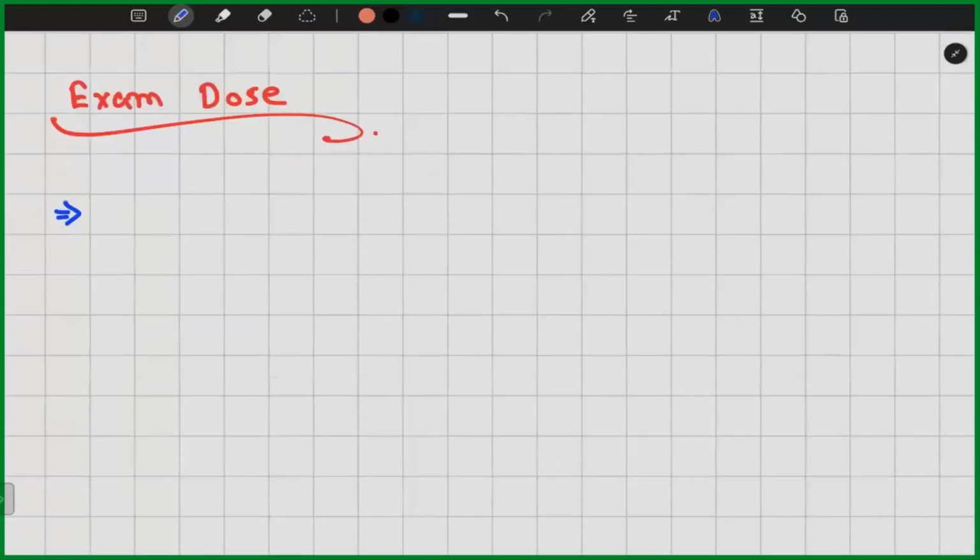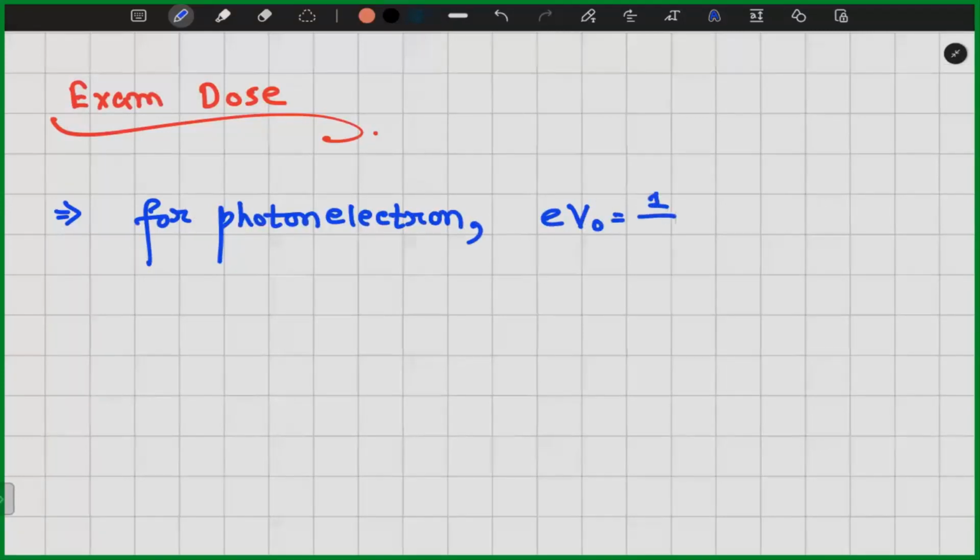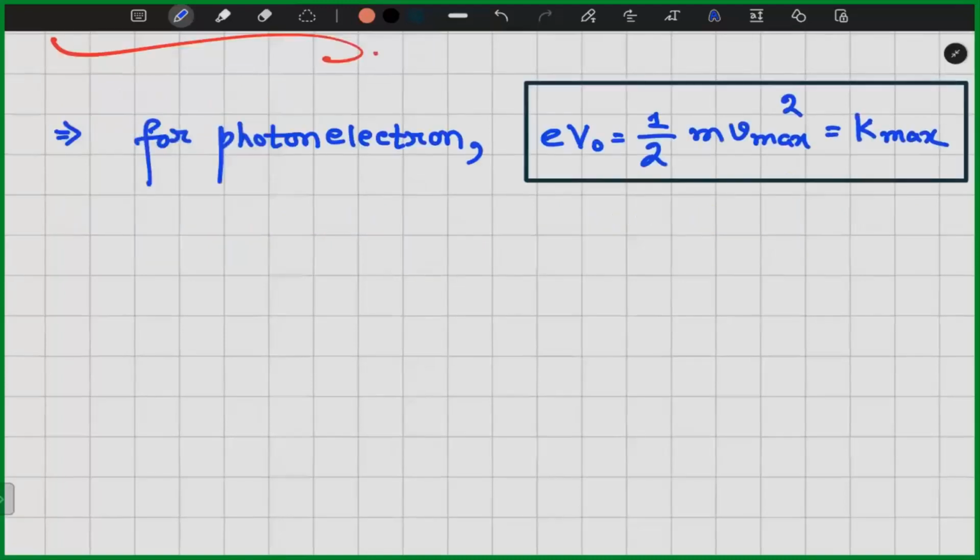First, we have to keep in mind that for the photoelectron, eV naught is equal to half m v max square, which is equal to K max, right?